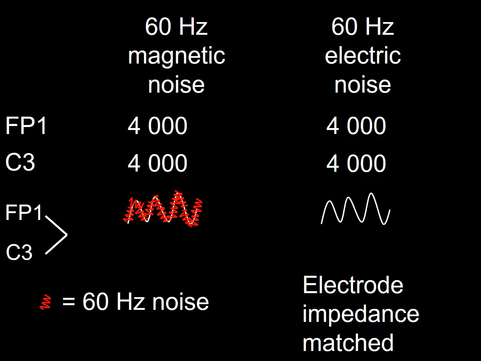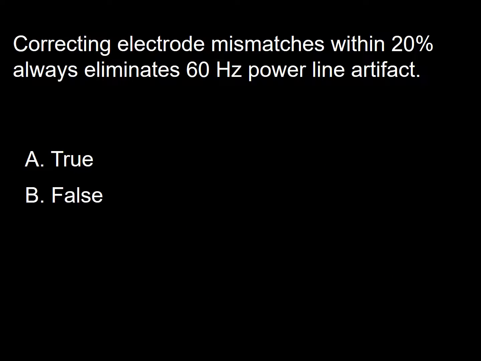The only way to eliminate 60 Hz artifact due to magnetic noise is to remove the source that is creating the magnetic force from the EEG area. So the answer to this question is false.